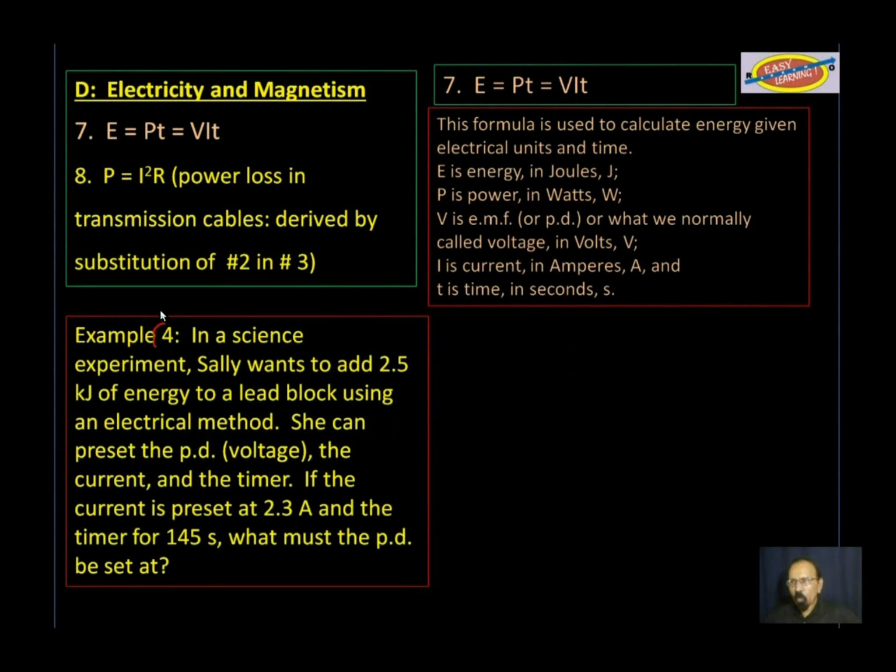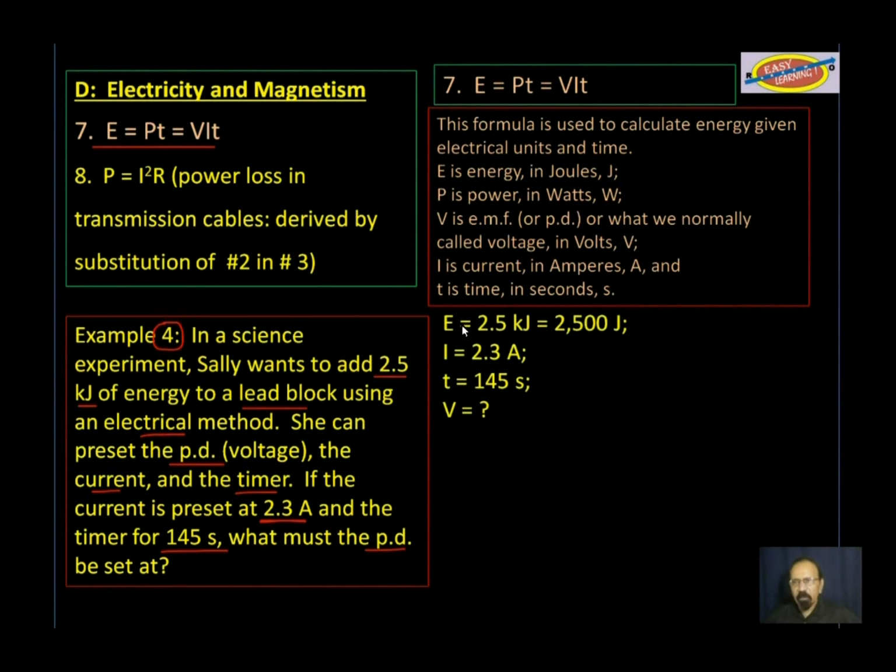So let's look at one more example like this in the use of formula 7. In a science experiment, Sally wants to add 2.5 kilojoules of energy to a lead block using an electrical method. She can preset the potential difference, the voltage, the current, and the timer. If the current is preset to 2.3 amp and the timer to 145 seconds, what must the potential difference be set at?